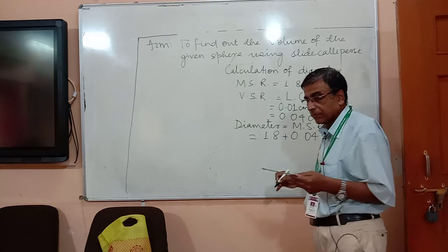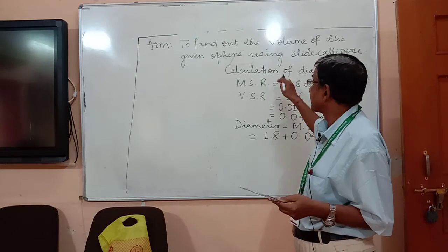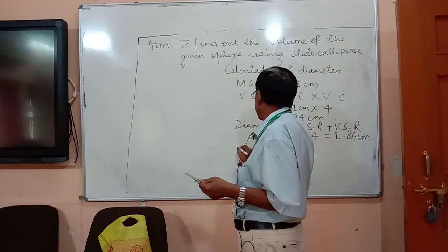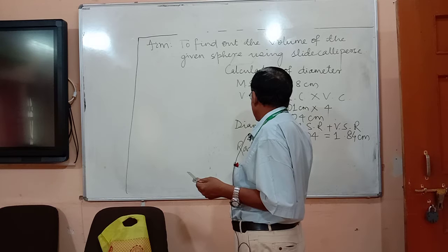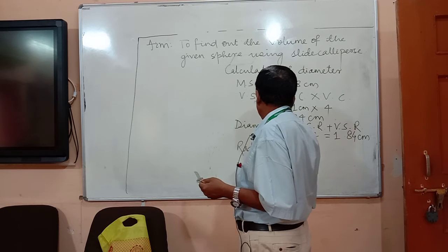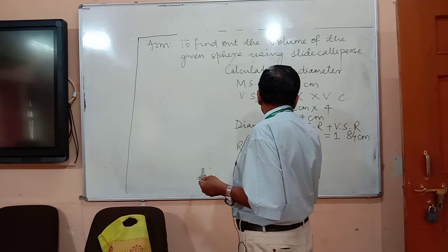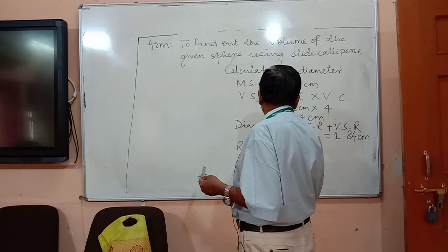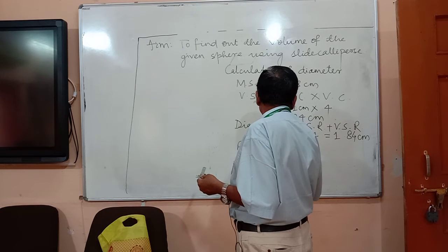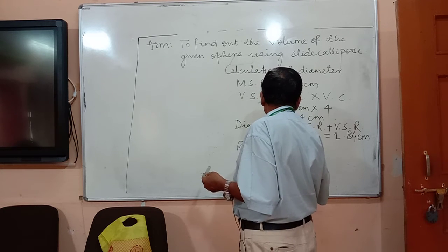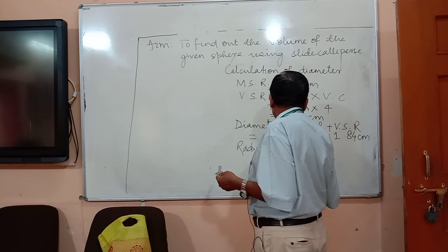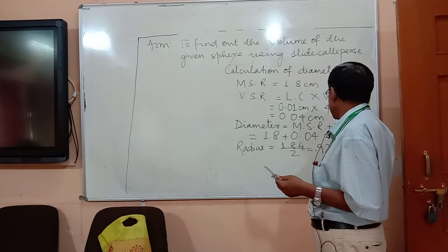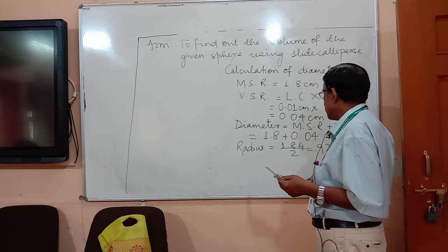This is your diameter. From this diameter you can find the radius just by dividing it by 2. 1.84 divided by 2 is equal to 0.92 centimeter. This is your radius.